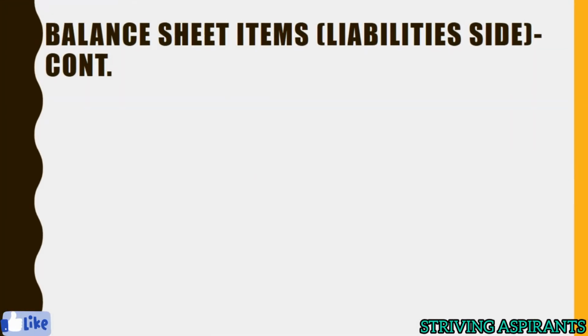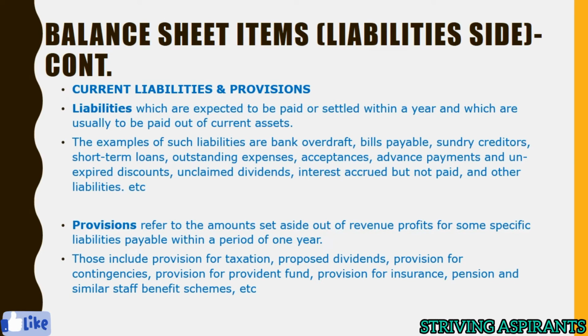Next head which comes under the liability side of the balance sheet is current liabilities and provisions. Liabilities that will be settled or paid within a year are called current liabilities, and are required to be paid out of current assets.